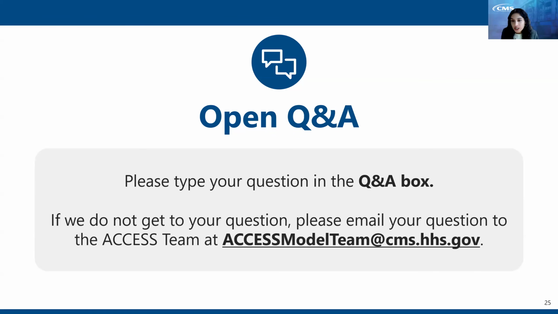Great. The next question is, how should clinical data and reporting flow from an ACCESS Model participant to the coordinating clinicians? ACCESS Model participants should support care coordination by identifying aligned beneficiaries' existing PCP and/or referring clinicians, and sharing standardized clinical updates with them at key points in patients' care journey.